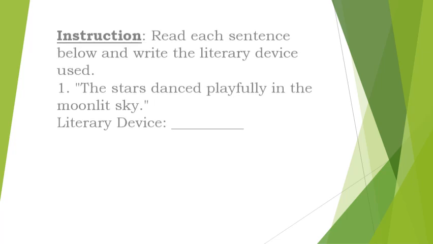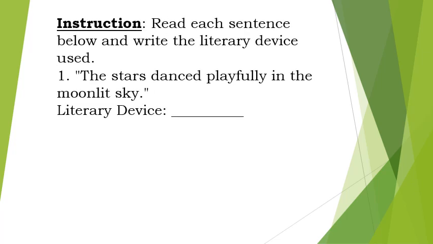Now let's practice. For instruction, read each sentence below and write the literary device used. Number 1, the stars danced playfully in the moonlit sky. So what literary device is that? The stars danced playfully in the moonlit sky.